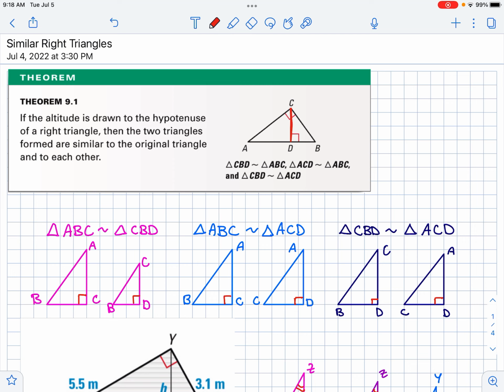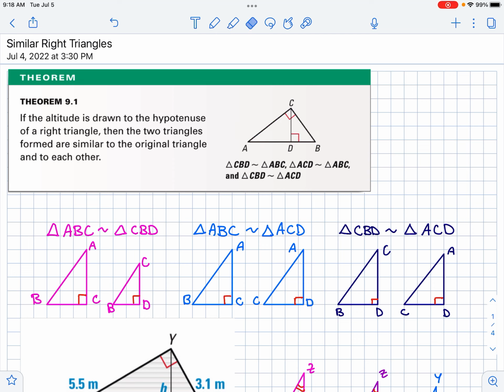Let's suppose that happens. Well, if that does happen, think about what you have now: you have three triangles. Instead of one right triangle, you have three. Let's take a look at what they are. Of course, you have this original, ABC, that's the right triangle.